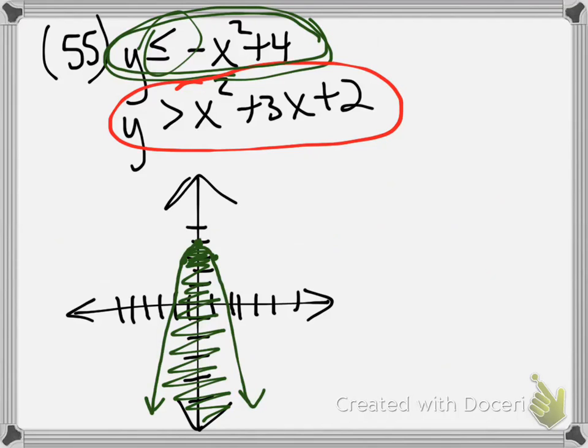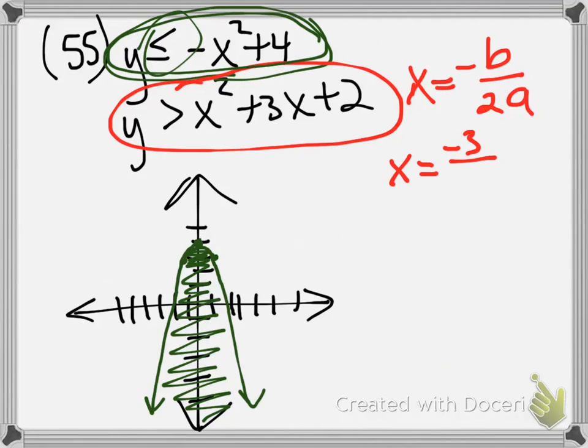The red graph, I have to find my vertex. So x is going to be -b divided by 2a, so -3 divided by 2 times 1, which is -1.5.